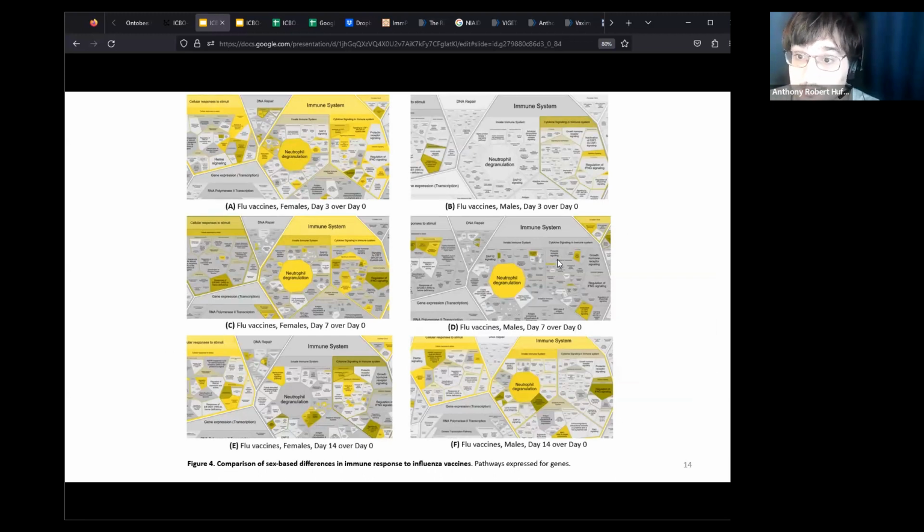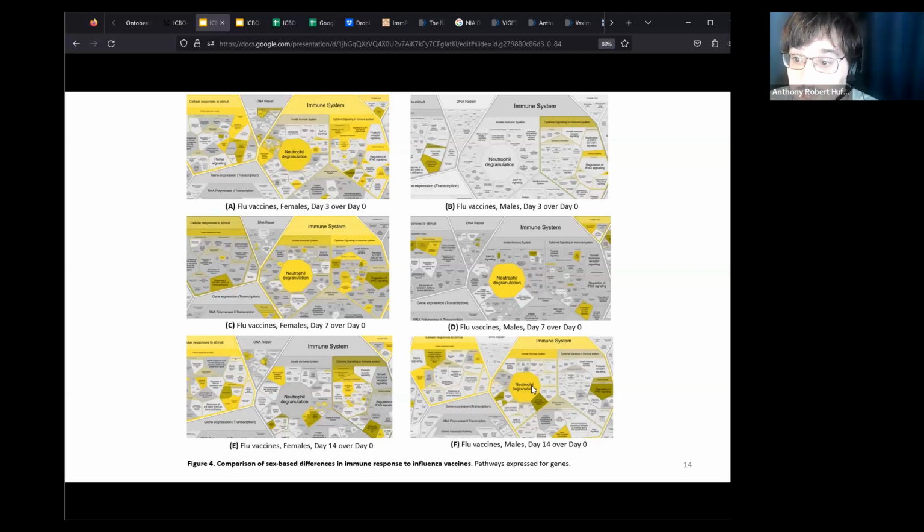And the big thing you can see is that females are showing significant pathways for the immune system during the first week, while males only have neutrophil degranulation as the most obvious term in day 7 before kicking up a little at day 14, where we have more general immune system response.